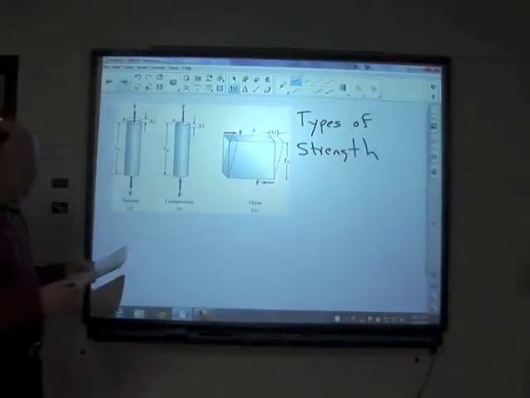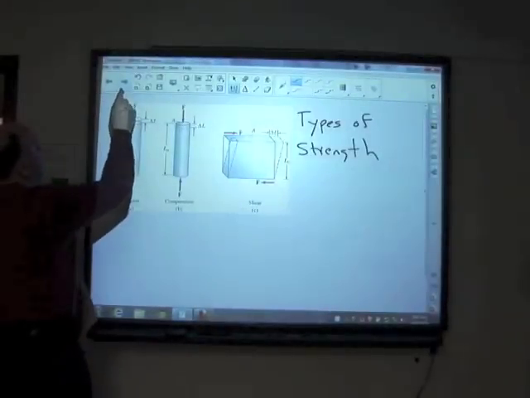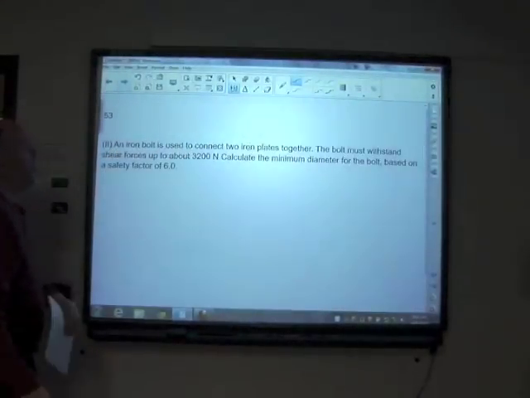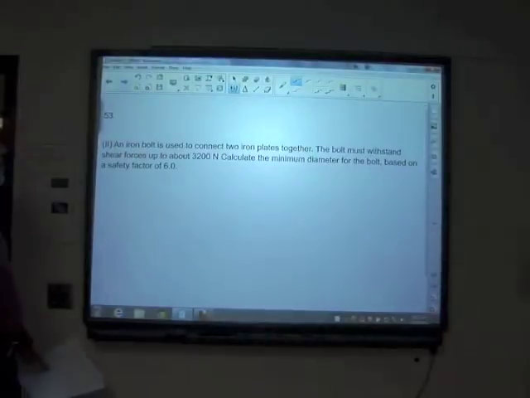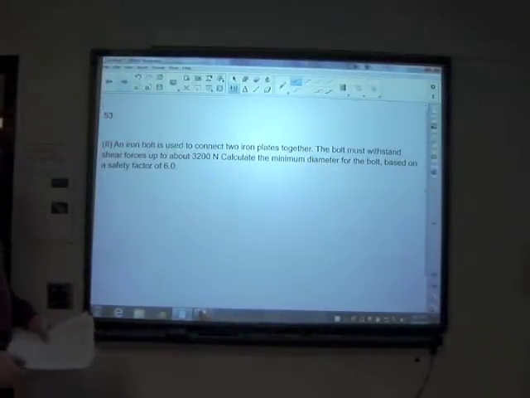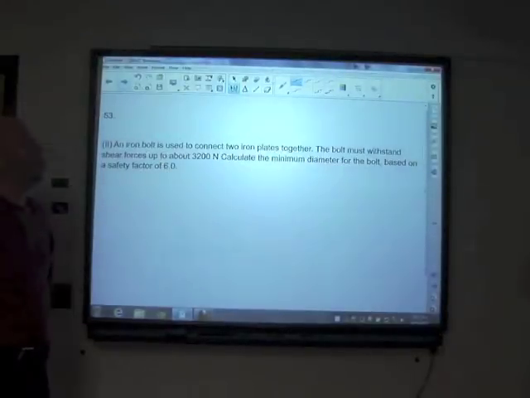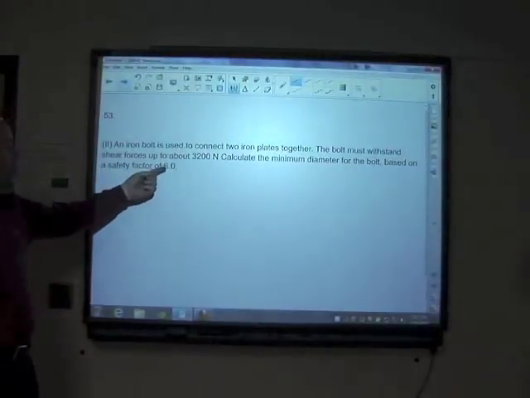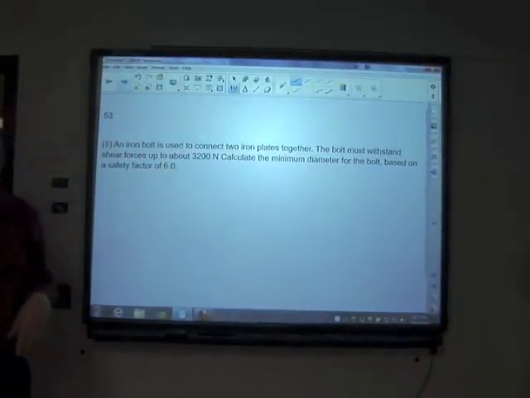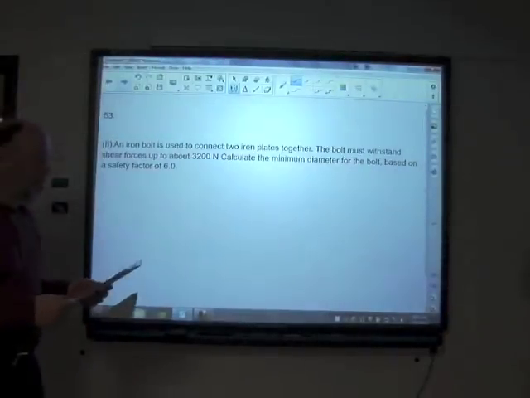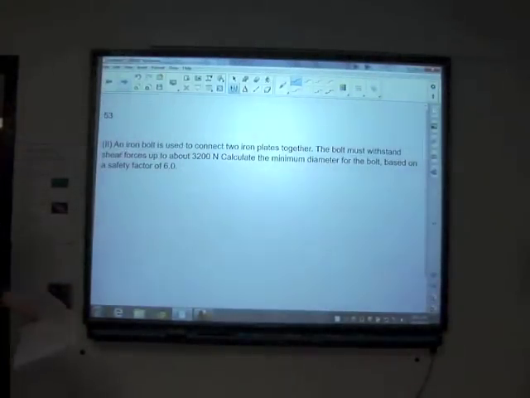Okay? But in terms of problems dealing with this type of stuff, we can look at something like this. We want to use a bolt to connect two plates and withstand a force of 3,200, and we have a safety factor here, which is what that 6.0 is, basically how strong we want this system to be.